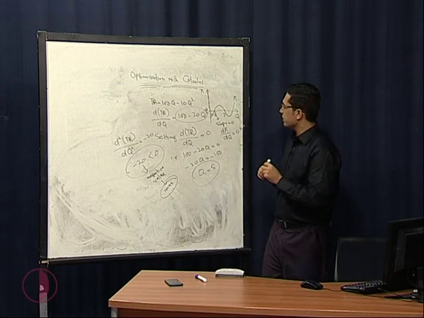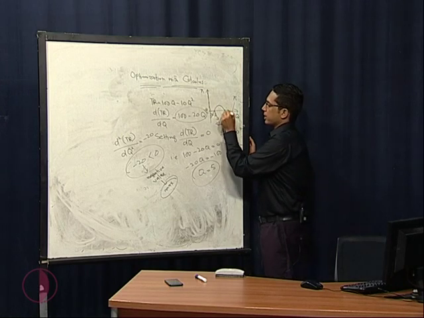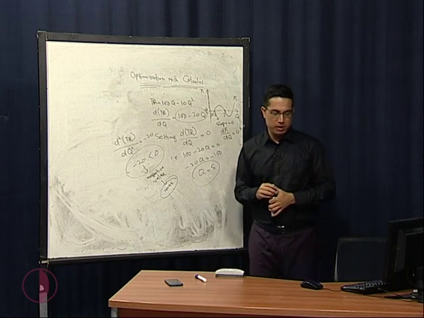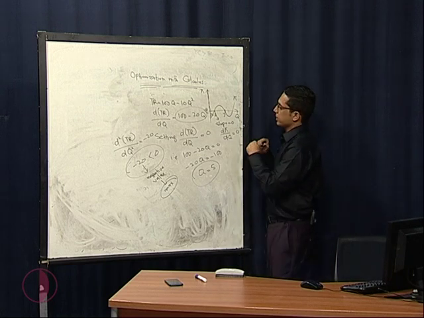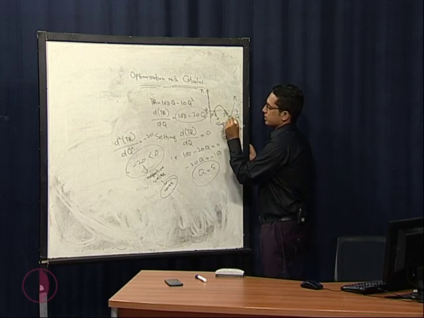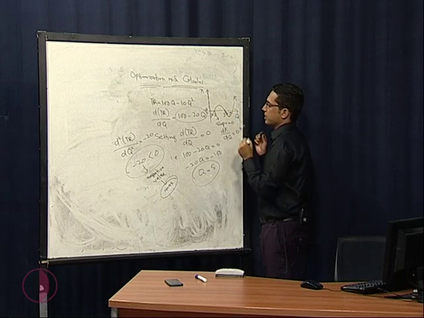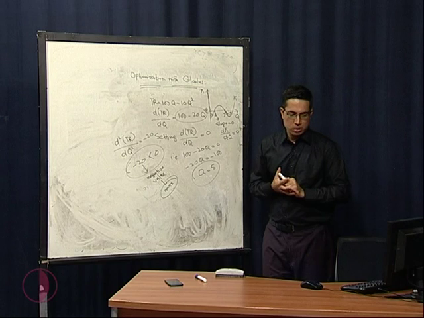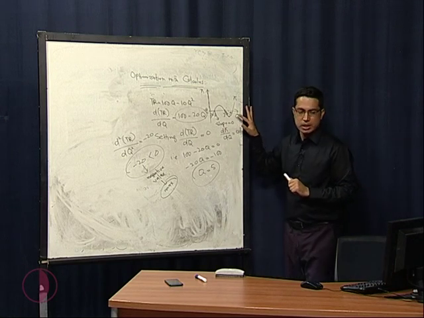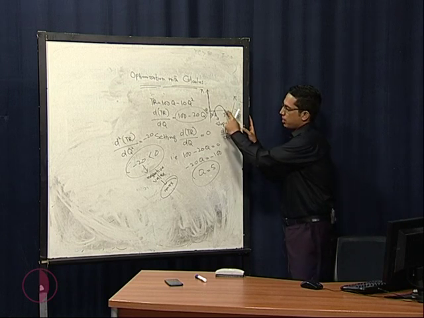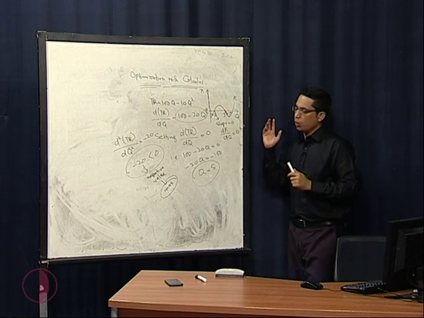In the neighborhood of Q equal to 3, in this area, the slope of the profit function decreases. Look at here. The slope of the profit function decreases. What does it mean?